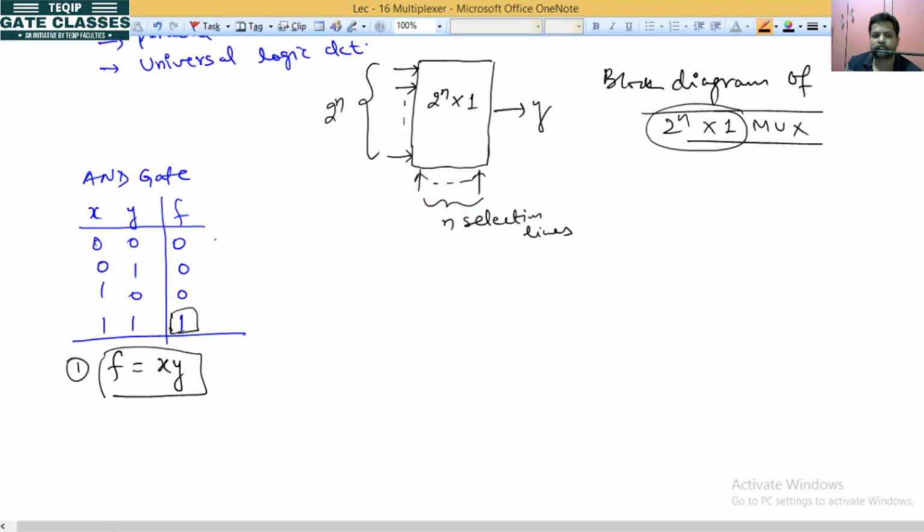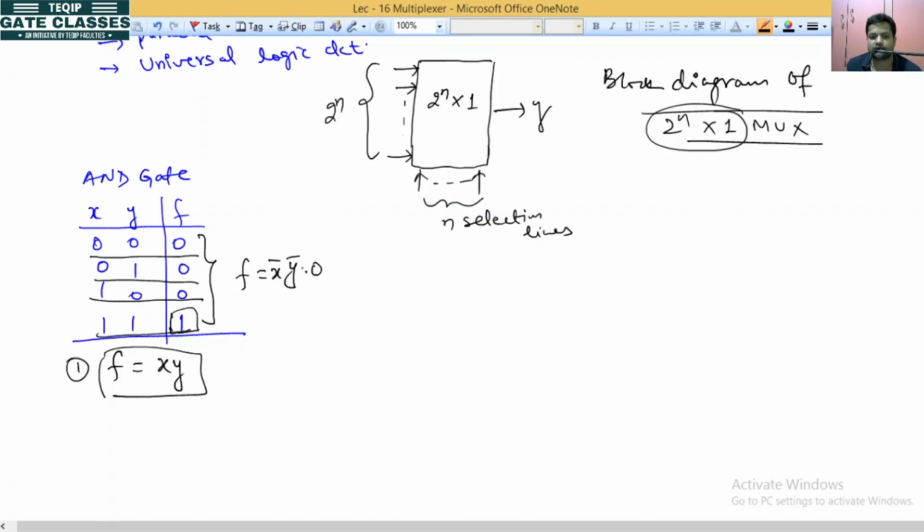Another way we also have, if you want to calculate the value of f, then just remember this one. It will be x is 0, so you can write here x bar. Y is 0, so y bar. Output is 0, so multiply with 0. Okay? You just take all the min terms and take the product with their output, and since we are using sum of min terms, you place a sum in between those min terms.